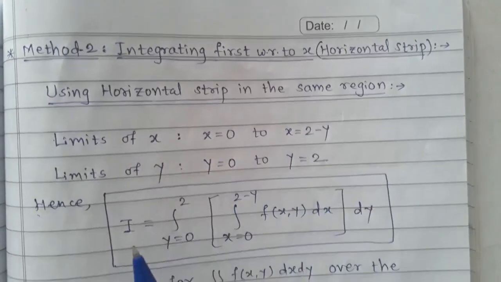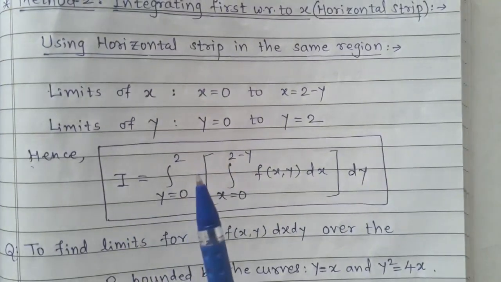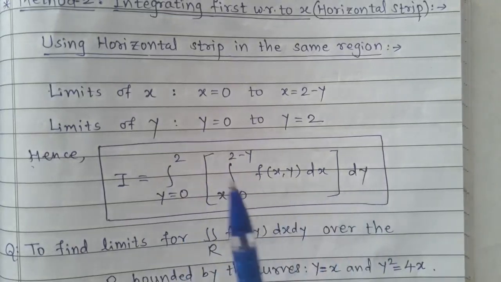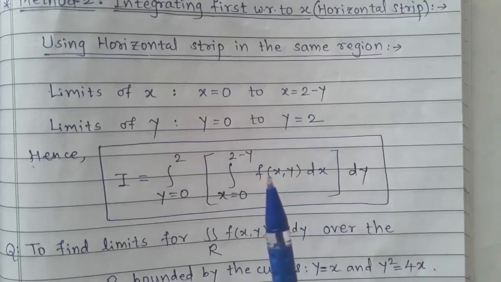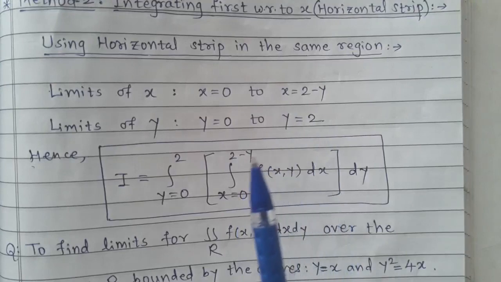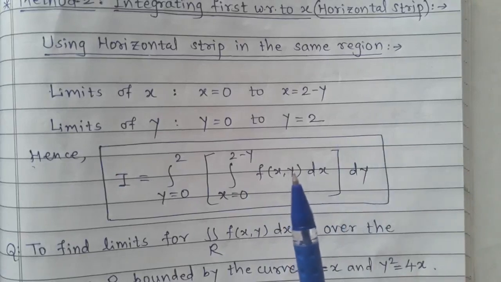So hence we can write this in integration form, y running from 0 to 2, y limits are outside constants, therefore dy outside, x from 0 to 2 minus y, f of x y, limits of x inside, so dx inside. So here we have to integrate first with respect to x. That is possible by the horizontal direction of the bullet.